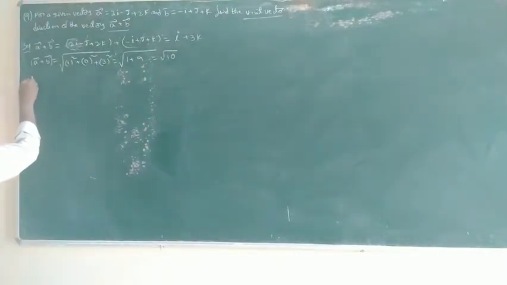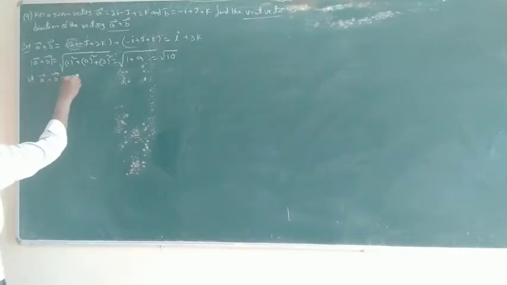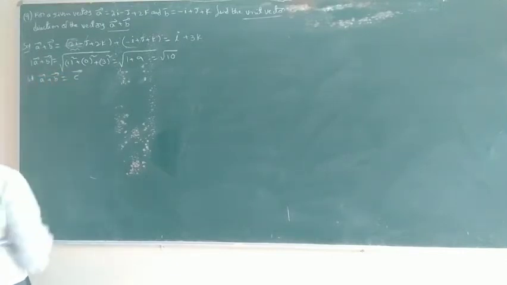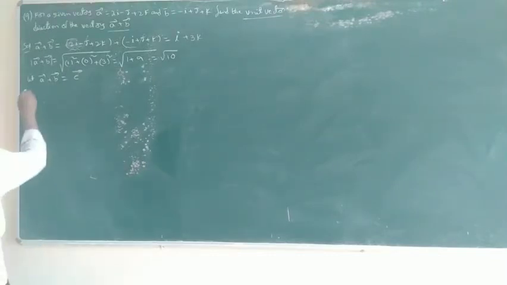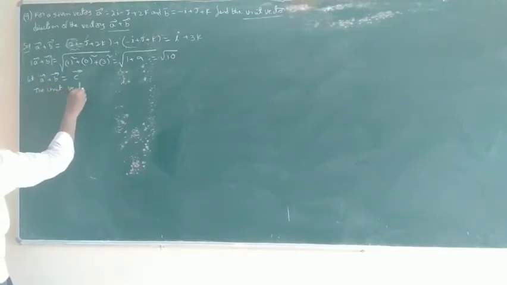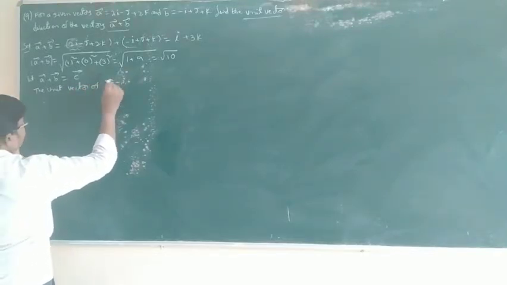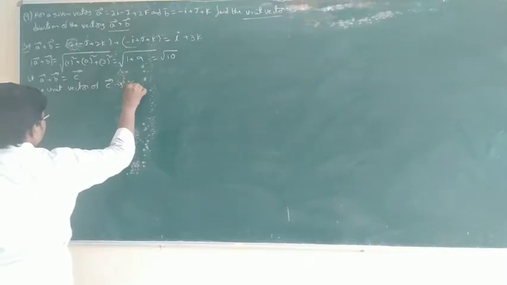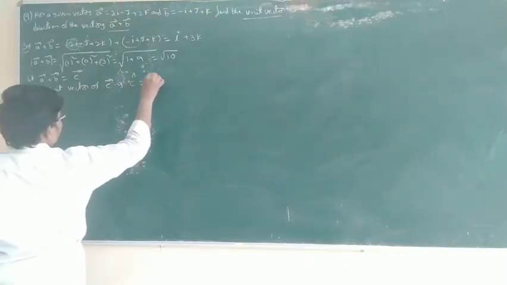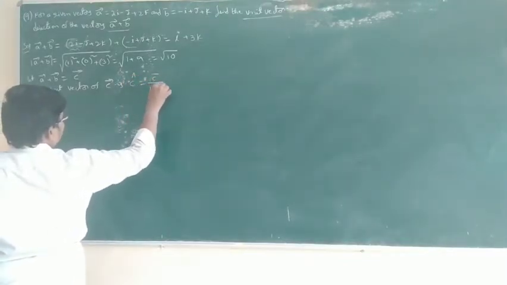Let a bar plus b bar be equal to c bar. So the unit vector of c bar is c cap, equal to c bar by mod c bar.